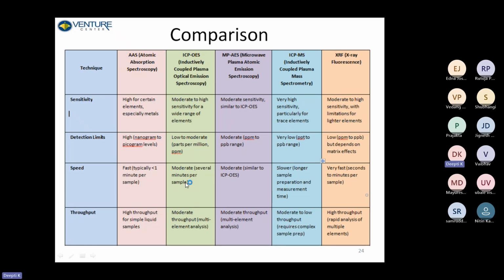ICP-OES, on the other hand, will require slightly more time. MP-AES, moderate. ICP-MS requires slightly longer times in comparison to the other two, because it also involves a lot of sample preparation, and we have to get rid of the matrix completely in order to get good detection limits and precision. X-ray is one of the fastest.